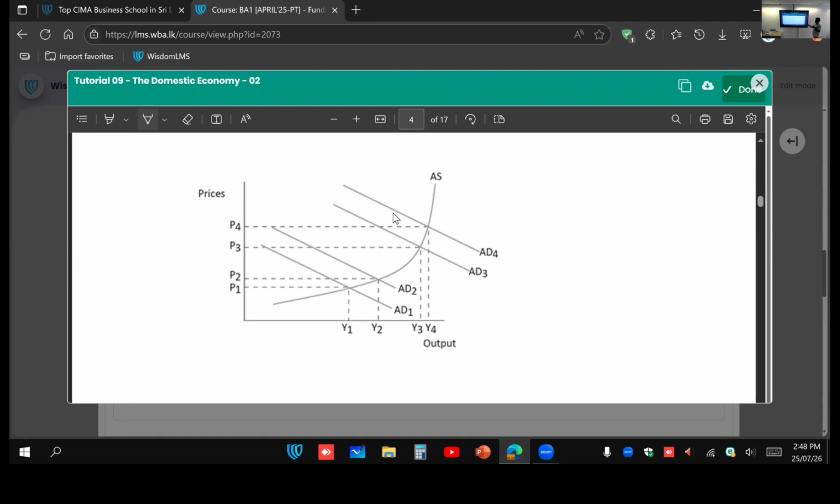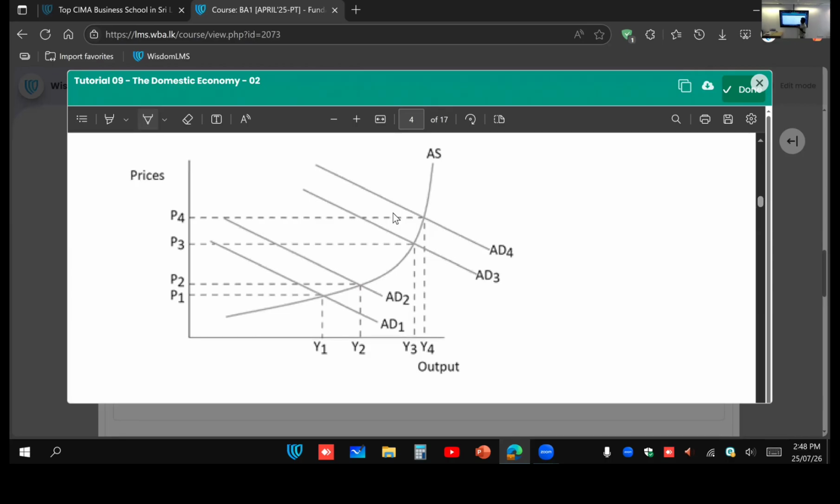As a result, the equilibrium point changes from Y1 to Y2, and P1 to P2. How about the change? P2 minus P1, Y2 minus Y1.